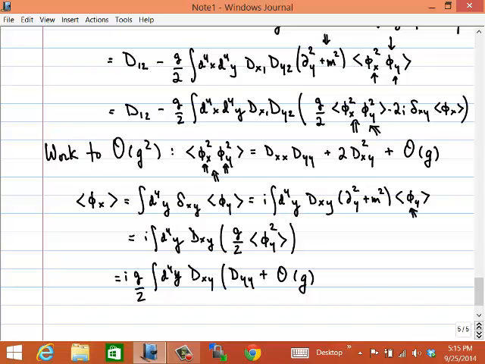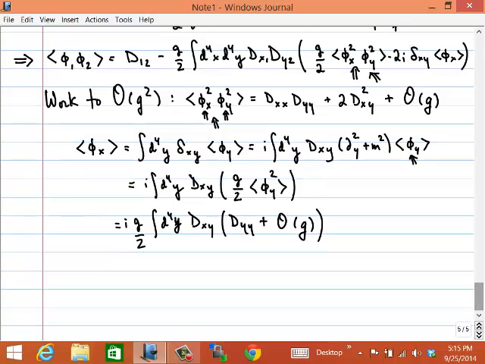Because the 2-point function of phi y has to be the free 2-point function plus subleading terms when you take g to 0. Okay. So let's go ahead and plug that in to this expression that we derived up here for this 2-point function.